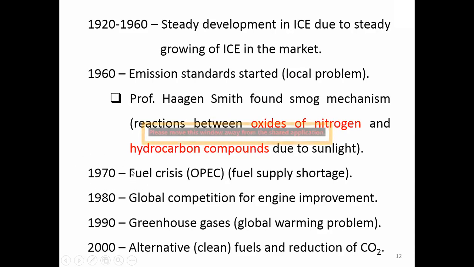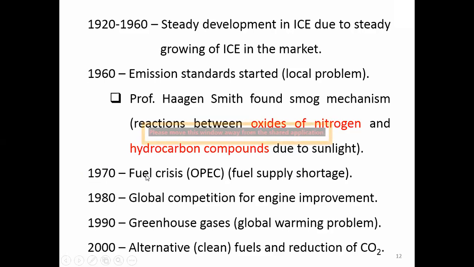Another one that affected the internal combustion engine is 1970, where we had the fuel crisis, right? This year is the starting year of OPEC. I think everybody knows about OPEC. There was a large fuel supply shortage all over the world, so people started to recognize the efficiency of the internal combustion engine.